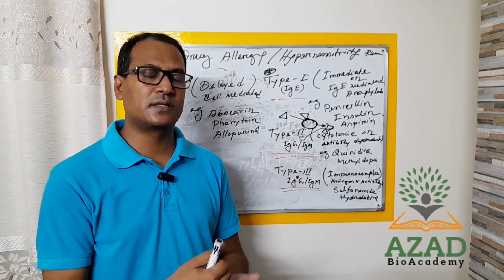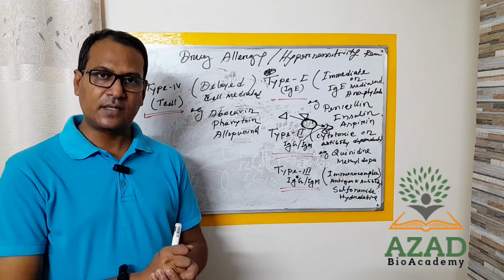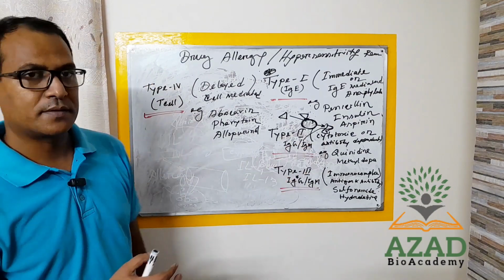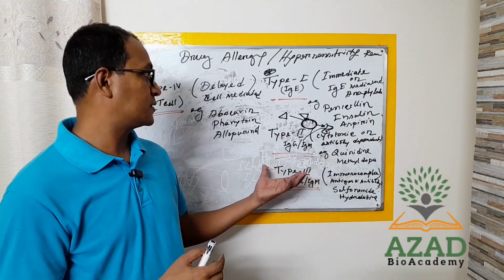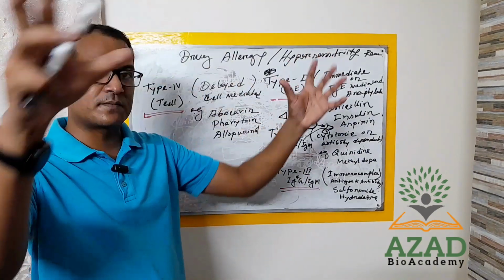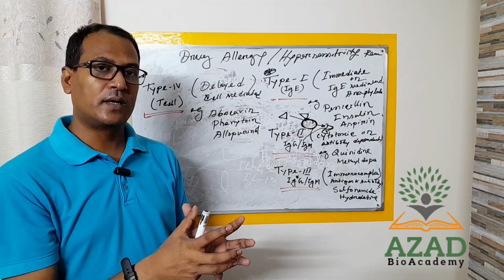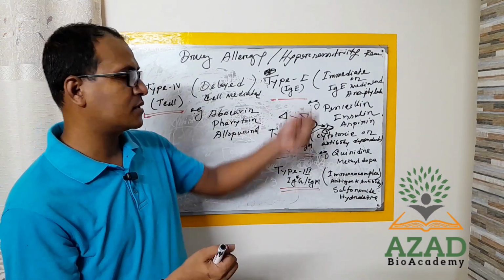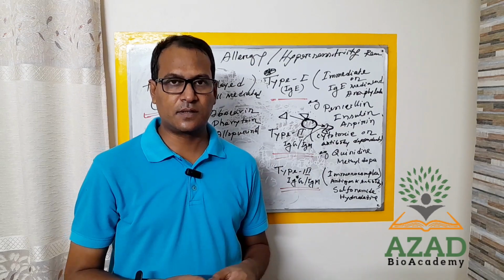You can also call these drug allergy, no problem, but the most appropriate term is hypersensitivity rather than drug allergy, because the ideal allergic character is basically connected with the type 1 hypersensitivity reaction.